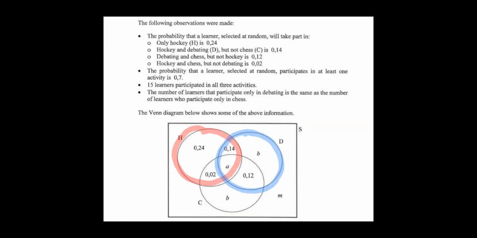Notice when I draw these circles, they all overlap at the piece in the middle. So that's the 15 learners. Now, how do I write those 15 learners as a decimal, like all of the others are written as decimals?